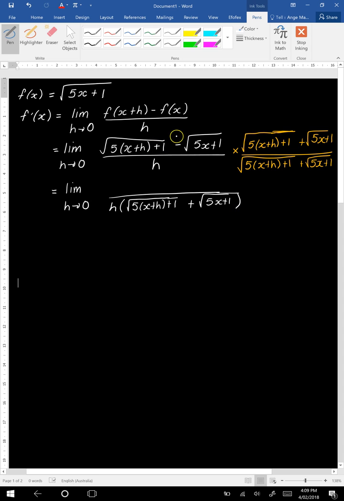And now on the top, you're going to be timesing this by this. Technically you're saying this times this, but you know it's going to cancel out with the negative of this one times this one. So we're going to have root all of this times root that. That means it's that thing squared, so the square roots cancel out, which means I'm left with 5x plus h plus 1.